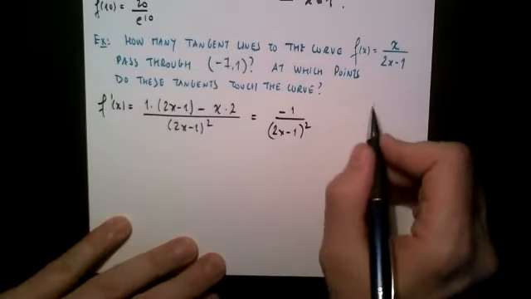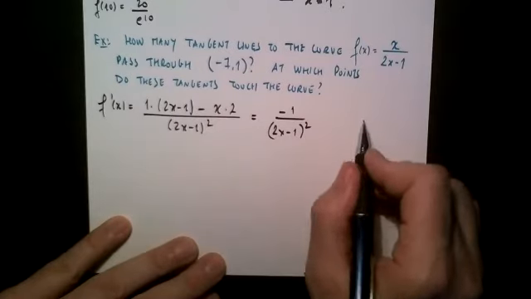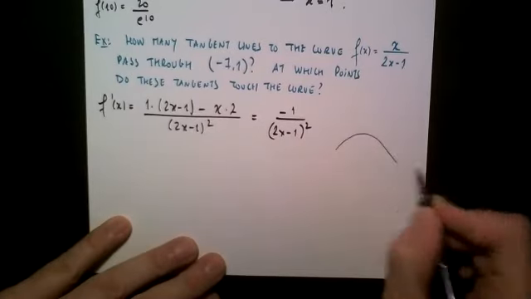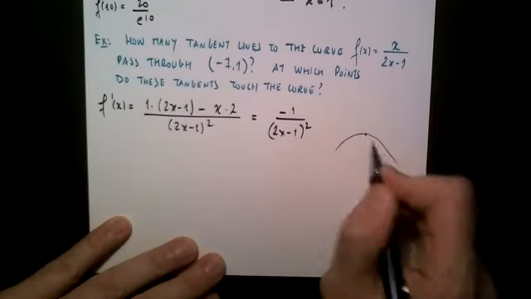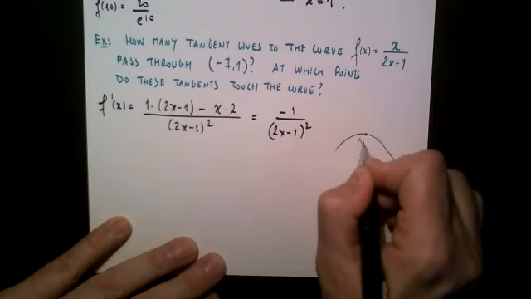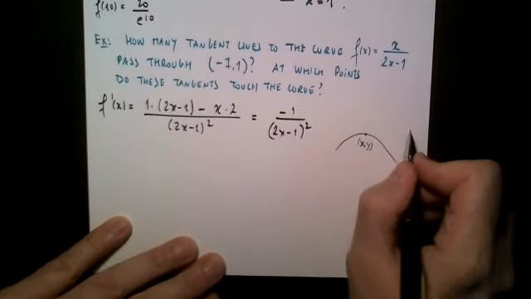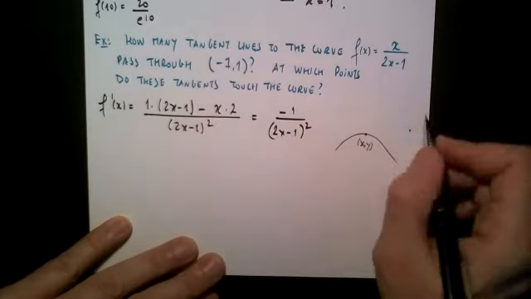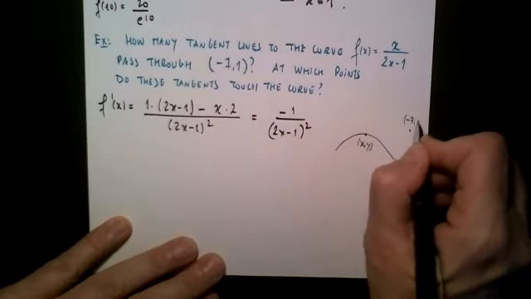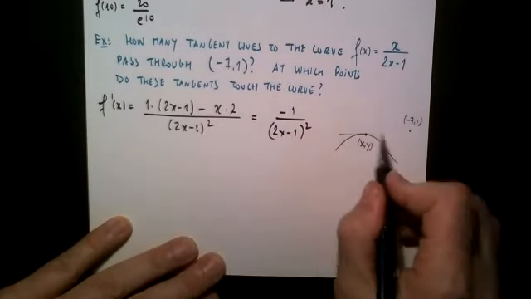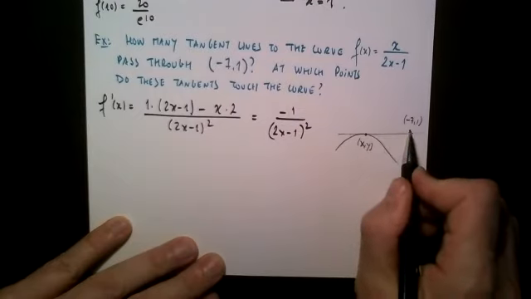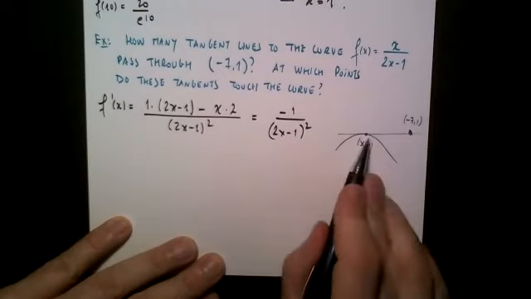And so what's the situation? I have the curve. I have a point here, x, y. I have the point somewhere, -7 and 1. And we want to know what is that point here.